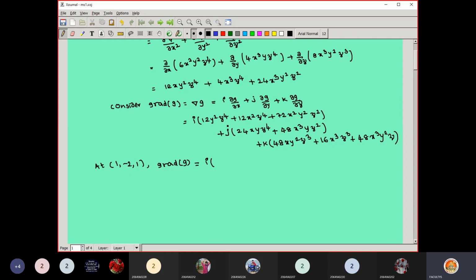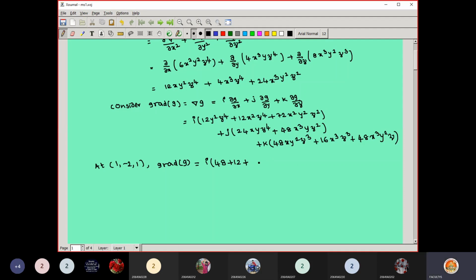So 12 y square z power 4. Y square means 4, so 12 into 4 is 48. So directly you get 48, and 12 x square z power 4 gives 12, plus 72 x square means 1, y square is 4, z square is 1.